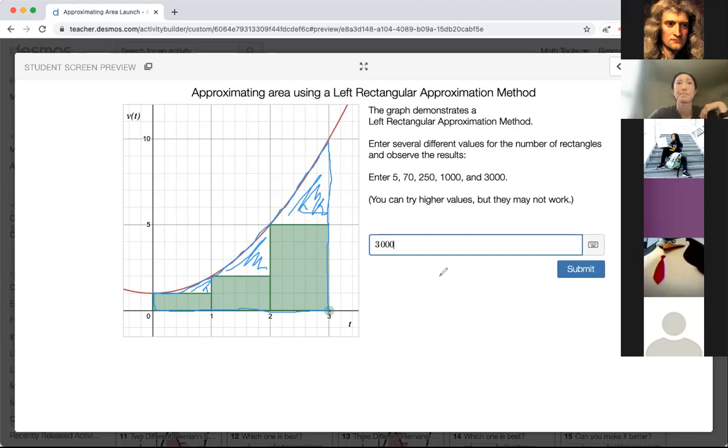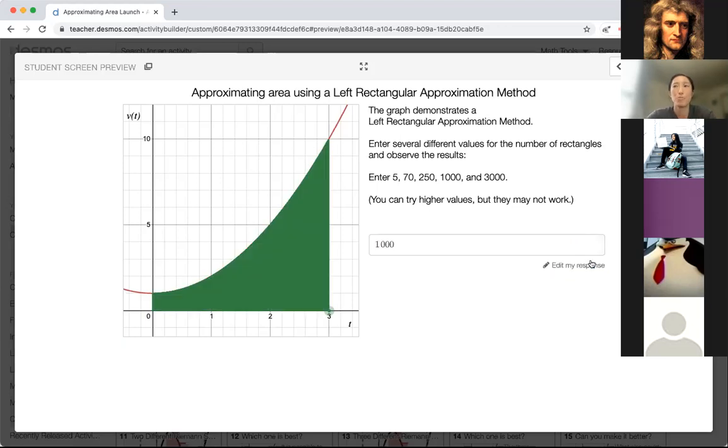Okay. All right. So you can come back and kind of play around with the number of rectangles, but the bigger the number that you put in, as Umar said, the bigger the number of rectangles, the more accurate your approximation will be. Okay.